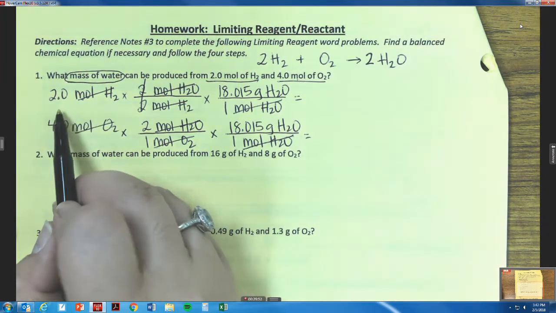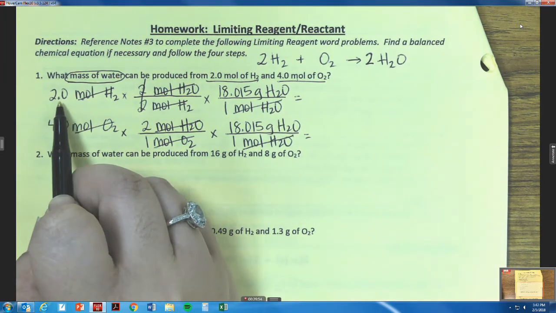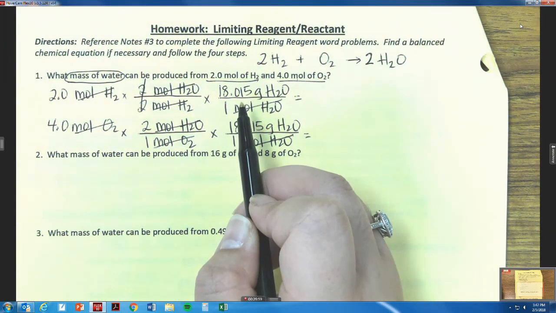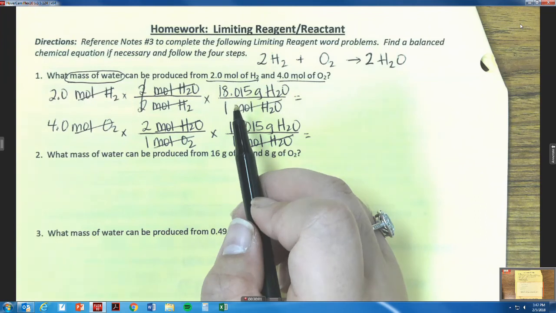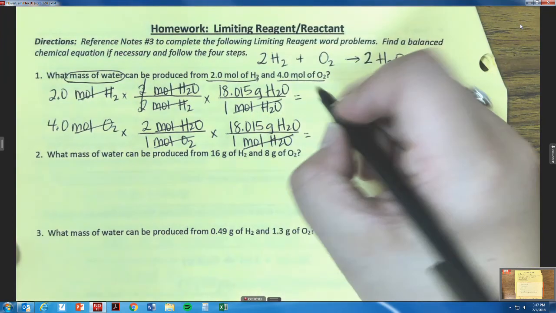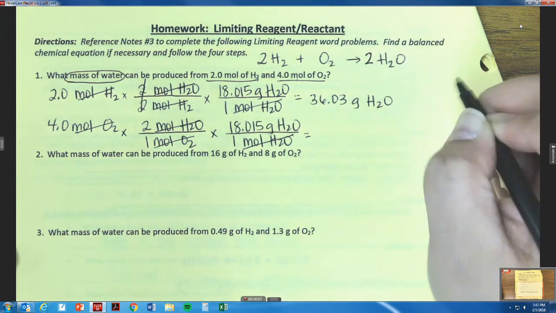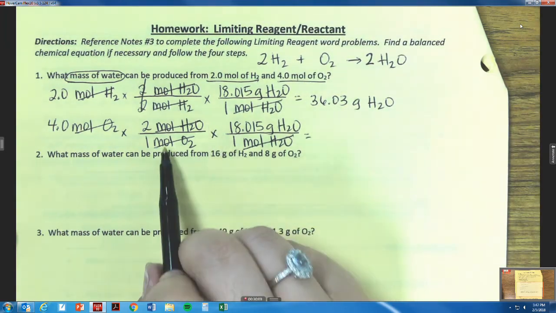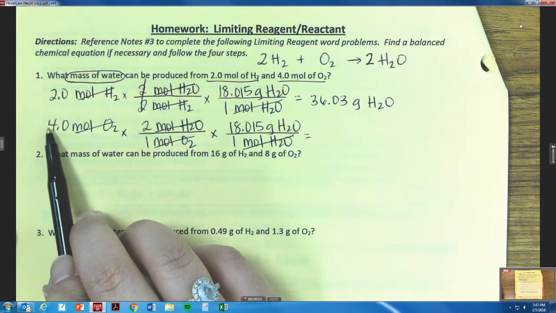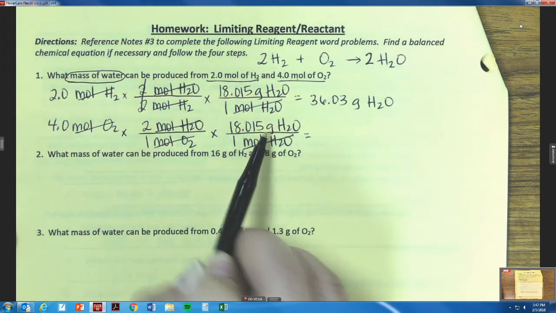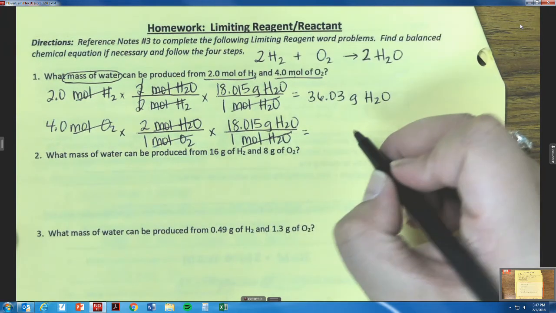So 2 times 18.015, and our answer is 36.03 grams of H2O.